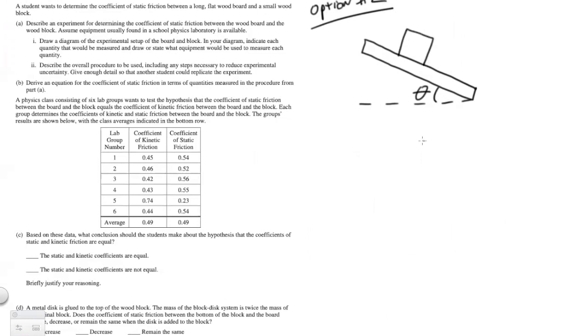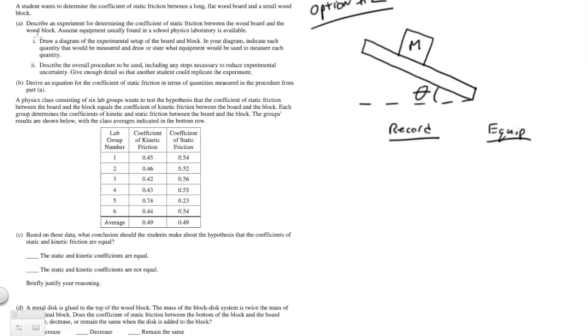And then what are we going to record? So we're back to here. We're drawing a diagram. Include what quantities would be measured. So we're going to need to measure the mass of the block and theta. So we're going to record, and then the equipment.